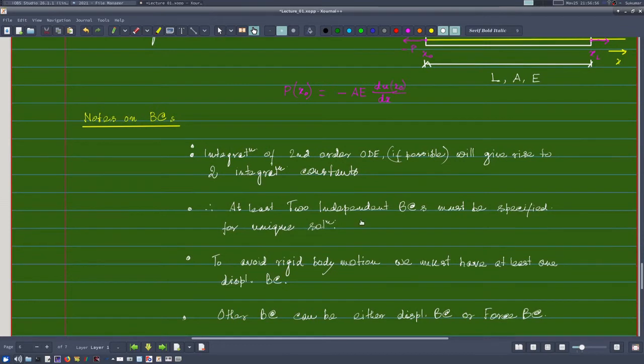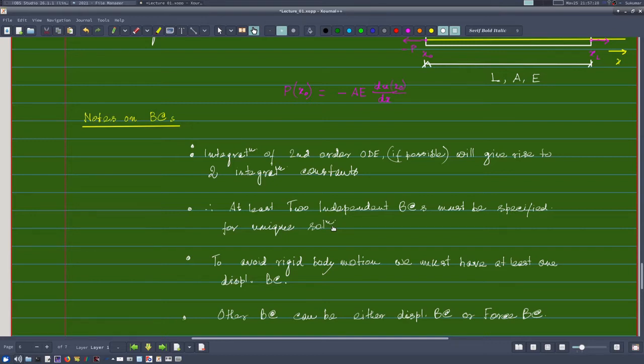And therefore, if we want to integrate this second order ordinary differential equation analytically, it will give rise to two integration constants, right? And therefore, at least two independent boundary conditions must be known or specified for a unique solution of the problem.